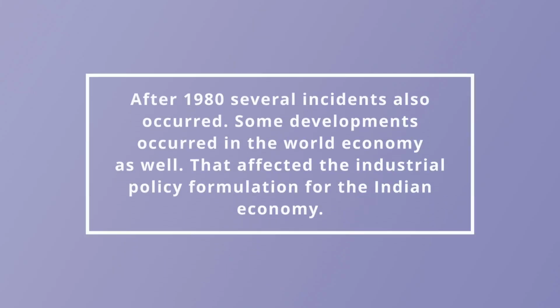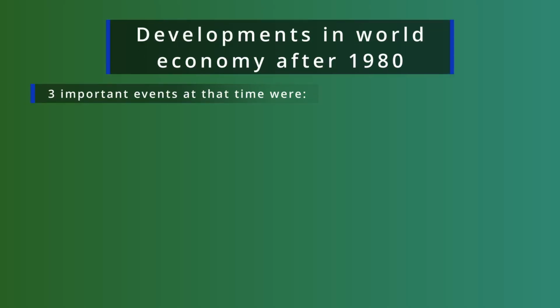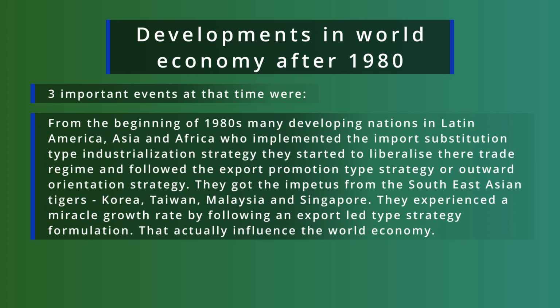Now, after the 1980s, several incidents occurred. Some developments in the world economy again started to affect industrial policy formulation in the Indian economy. Here I can mention three important events at that time. From the beginning of the 1980s, many developing nations in Latin America, Asia, and Africa that had implemented the import substitution type industrialization strategy started to liberalize their trade regime and followed export promotion, outward orientation strategies.